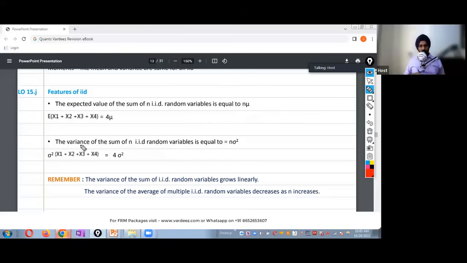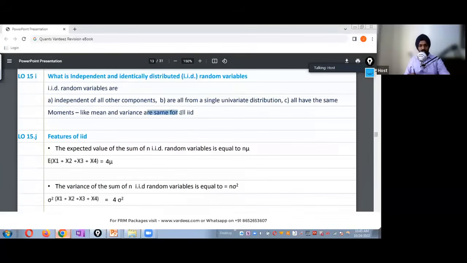What about the variance? The variance of the sum of X1, X2 up until X4 is going to be 4 multiplied by the variance of each one, because they have the same moments. The mean and the variance are the same for all IID.